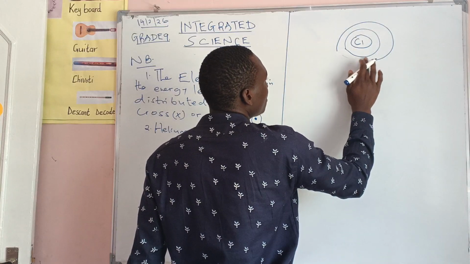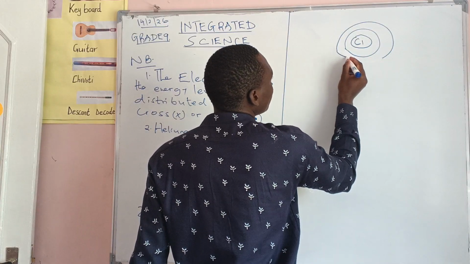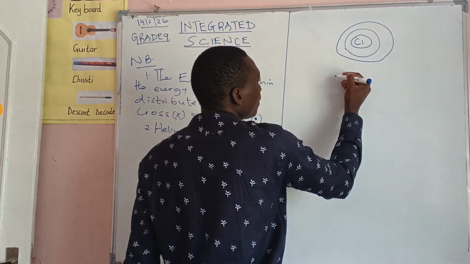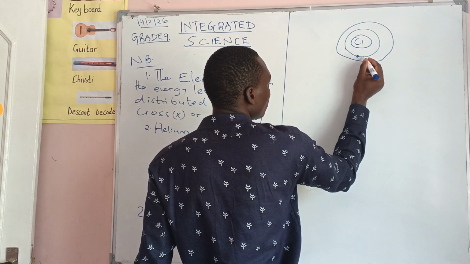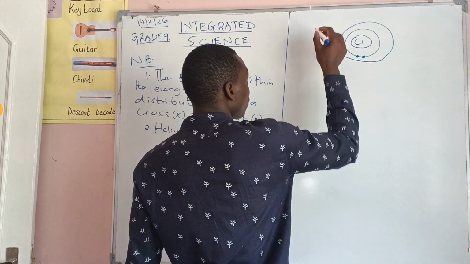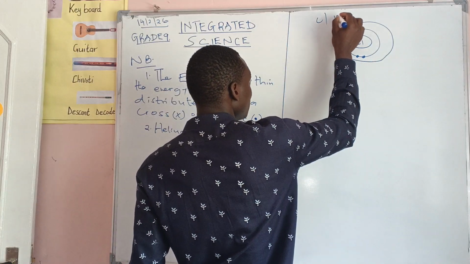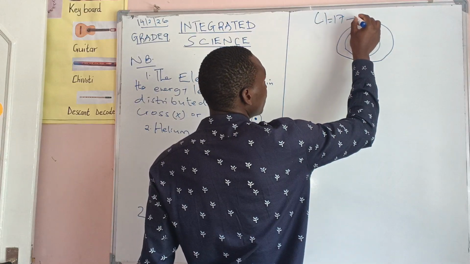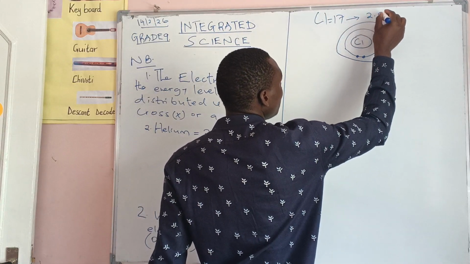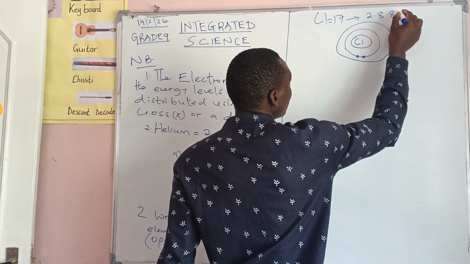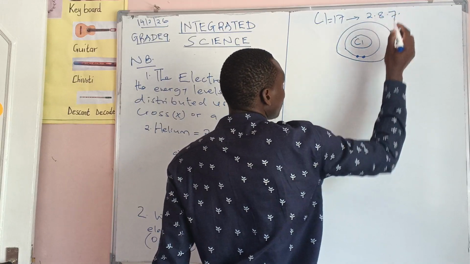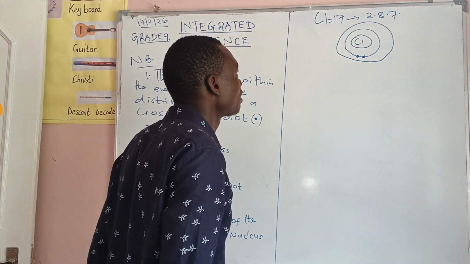Chlorine is number 17 within the periodic table. If we draw the first energy level, if we use a dot, the first will occupy 2. Chlorine has an electron configuration of 2, 8, 7. 2 plus 8 is 10, and then 7.